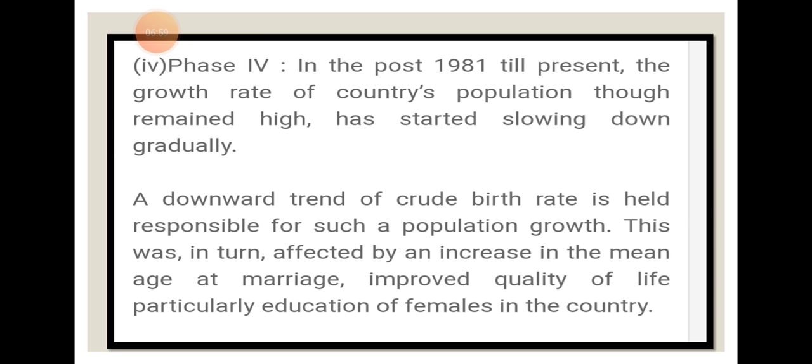This was in turn affected by the increase in the mean age of marriage and improved quality of life, particularly the education of females in the country. Because of these reasons, the growth rate is decreasing day by day.